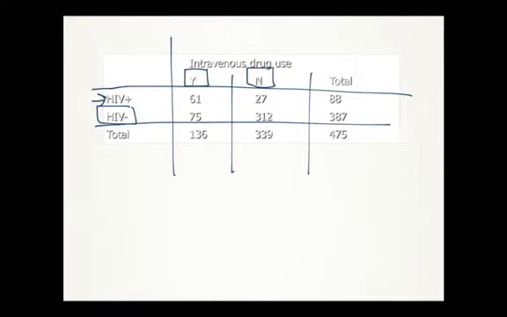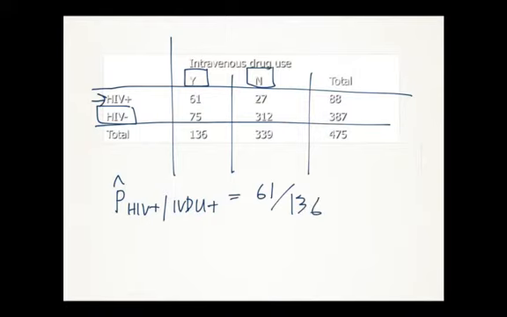Okay? So if we were to calculate the fitted probability of being HIV positive among those who use intravenous drugs, so the probability of HIV positive given intravenous drug use positive, that would be 61 over 136, okay?